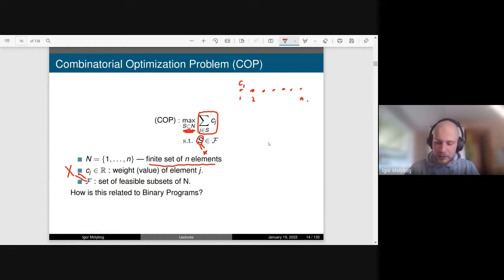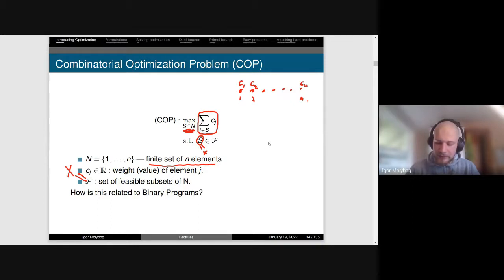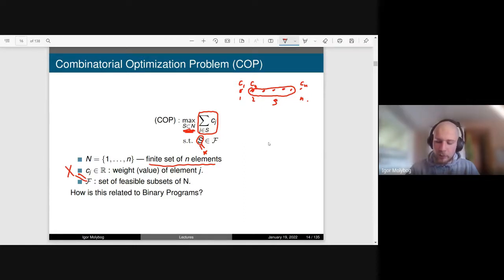For this element, I'm assigning value c1. For this element, I'm assigning value c2, and so on, cn. And then I'm choosing a set S. Let's say that this is going to be my set S, and the objective function is going to be defined as a linear function of the values of these elements.